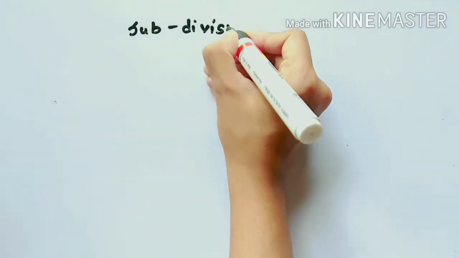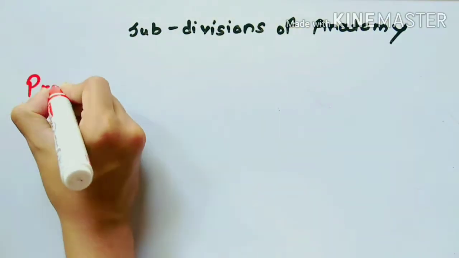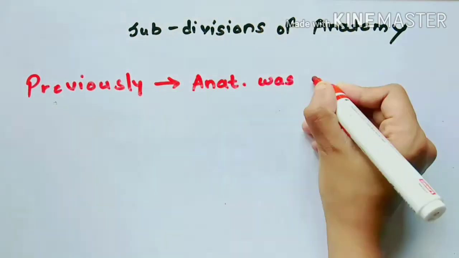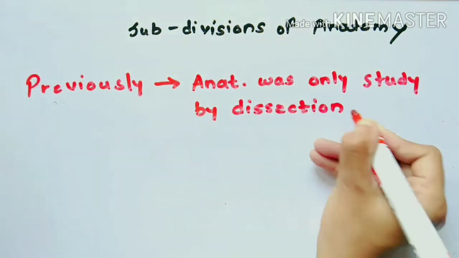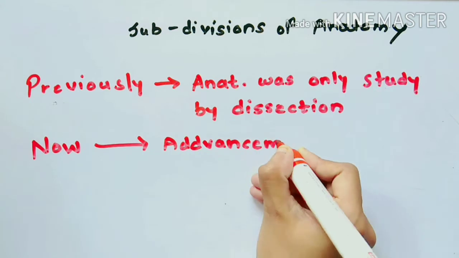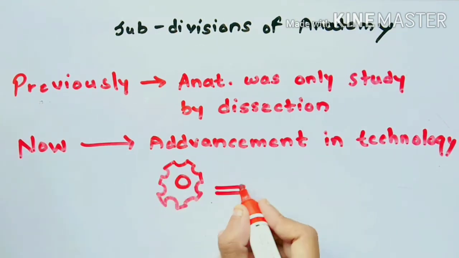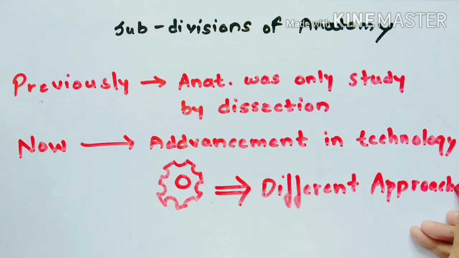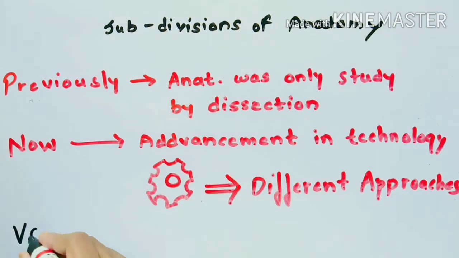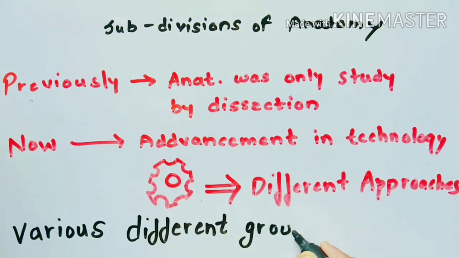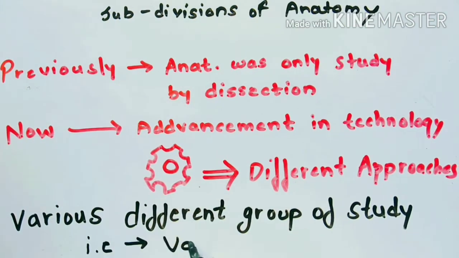Now let's study the subdivision of anatomy. In the past, anatomy was mainly studied by dissection, but nowadays it is studied in all possible ways and techniques like imaging and microscopy. So different approaches have been adopted due to the advancement in technology. Because of these many reasons, there is a vast field of study and sub-branches of anatomy.